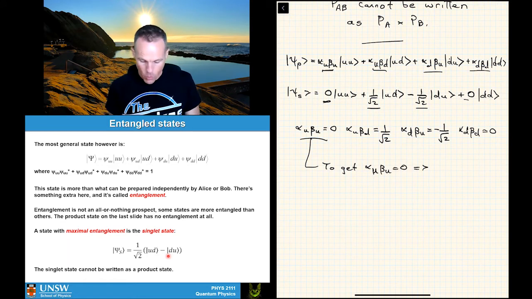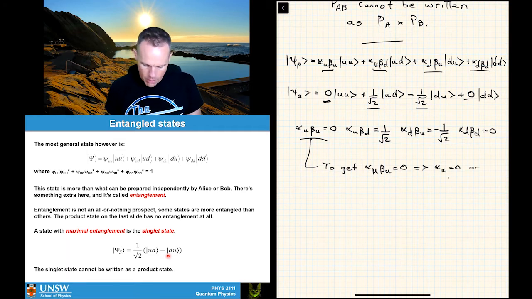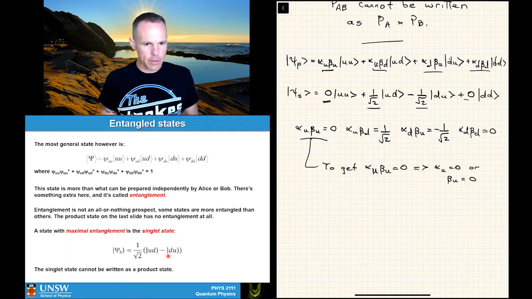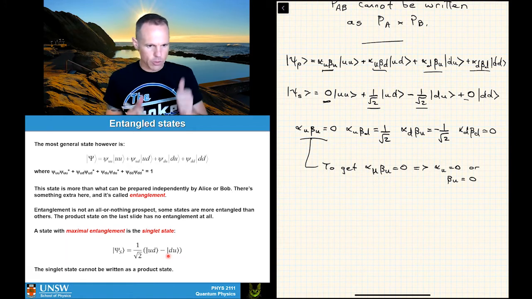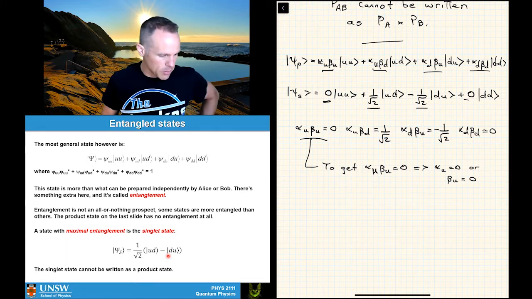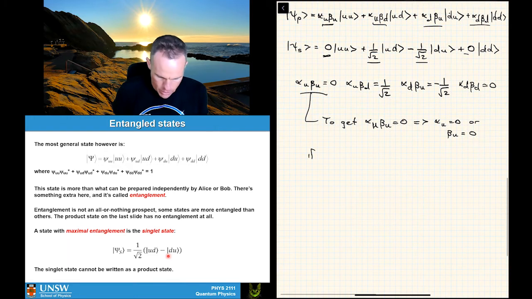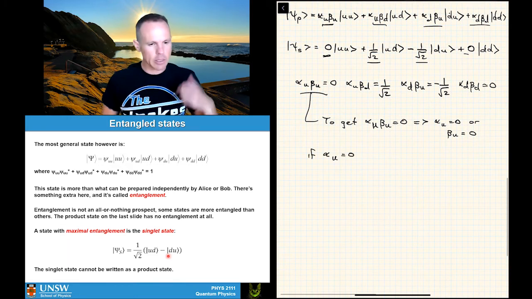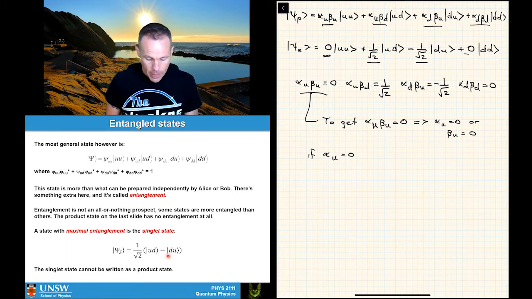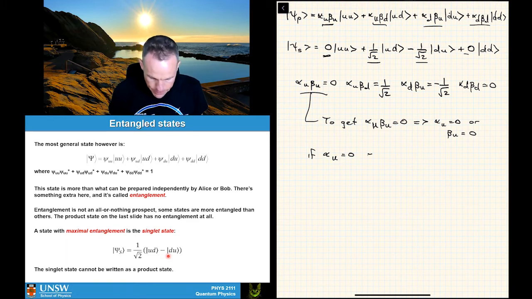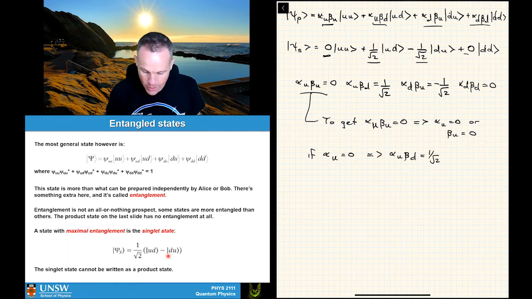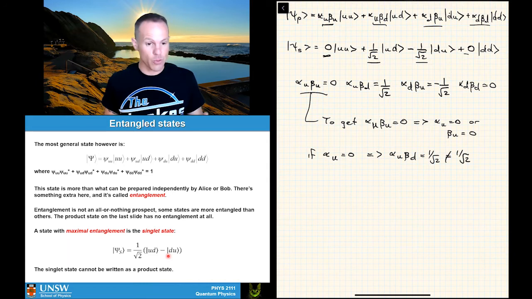There's two ways to get that. One is that alpha up is equal to 0, or beta up is equal to 0, right? The only way you can get a product to be 0 is if one or both of the two numbers has to be 0, okay? Suppose the first one, alpha up is equal to 0. Then alpha up beta down, which is equal to 1 over root 2, cannot be equal to 1 over root 2, right?